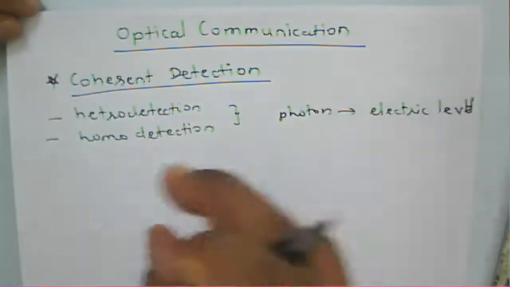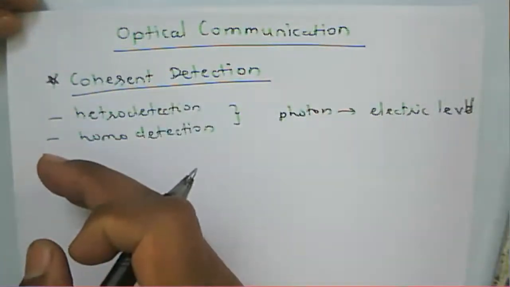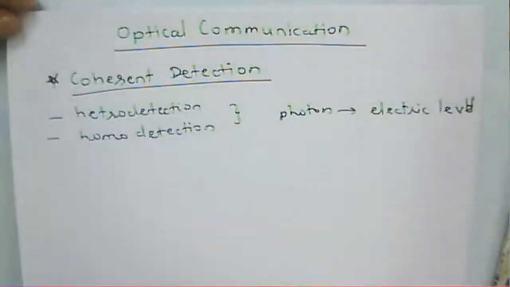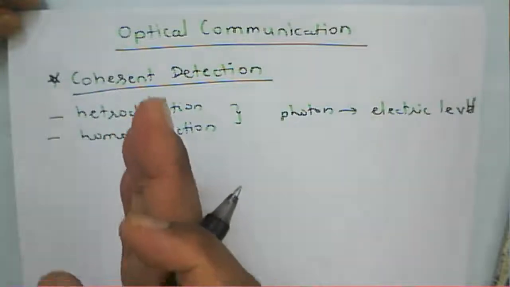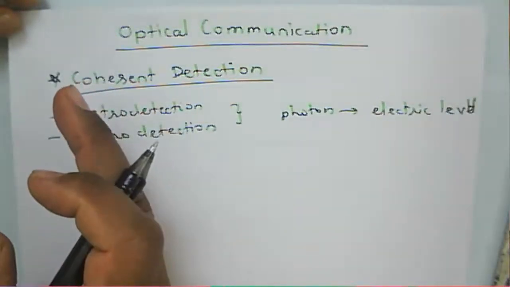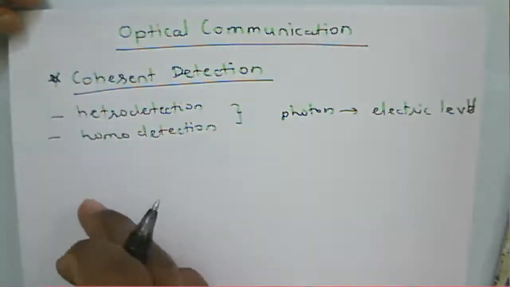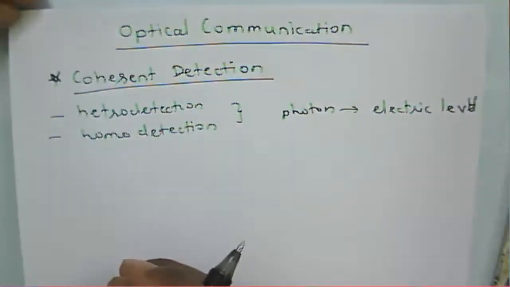So we say that light is propagating through the link. Now what will be the basic input format of your light waves, and then that light wave propagates through the system, and how are those light waves detected through the system?